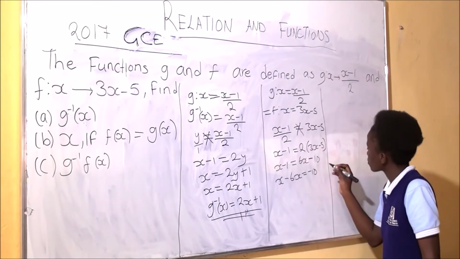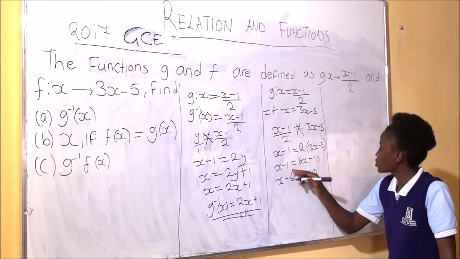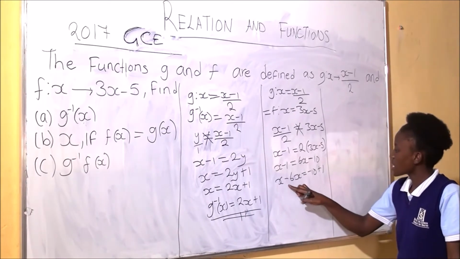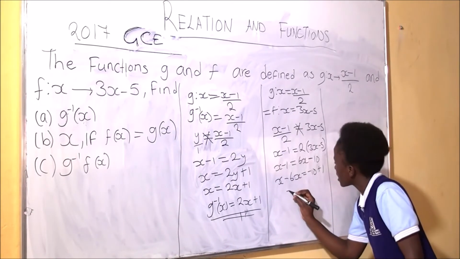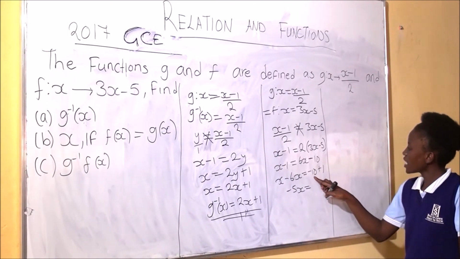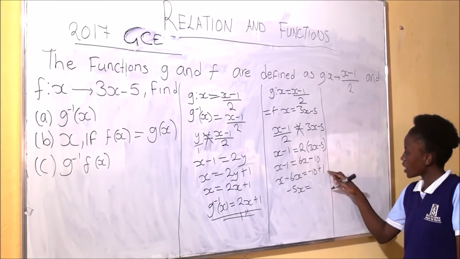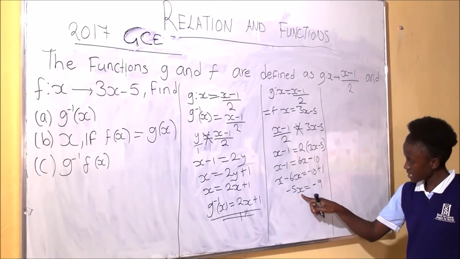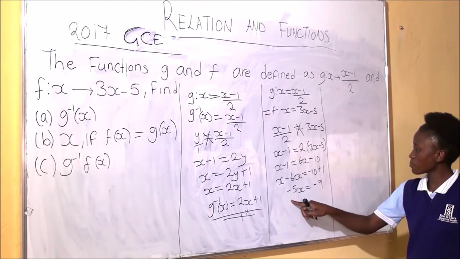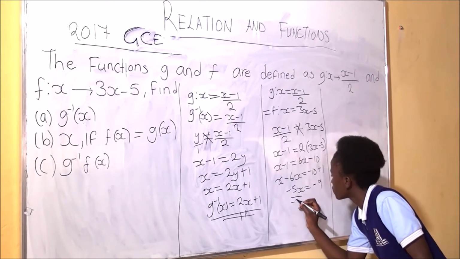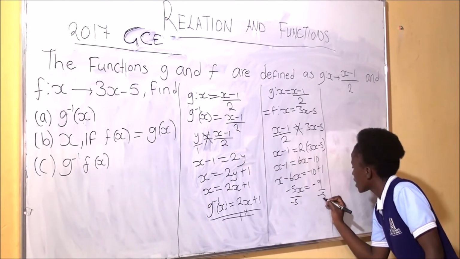So it's going to cross also, and its sign will change to positive 1. So this will be x minus 6x, which will be negative 5x is equal to negative 10 plus 1, which is negative 9. So to remain with x on this side alone, we are going to divide both sides by negative 5.